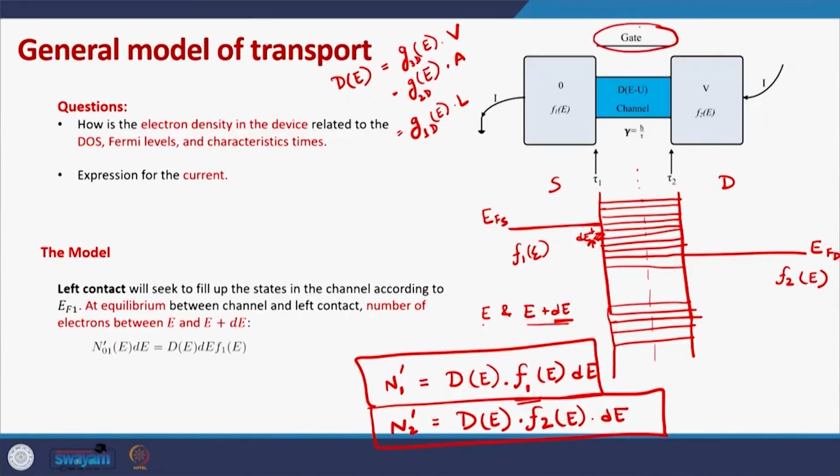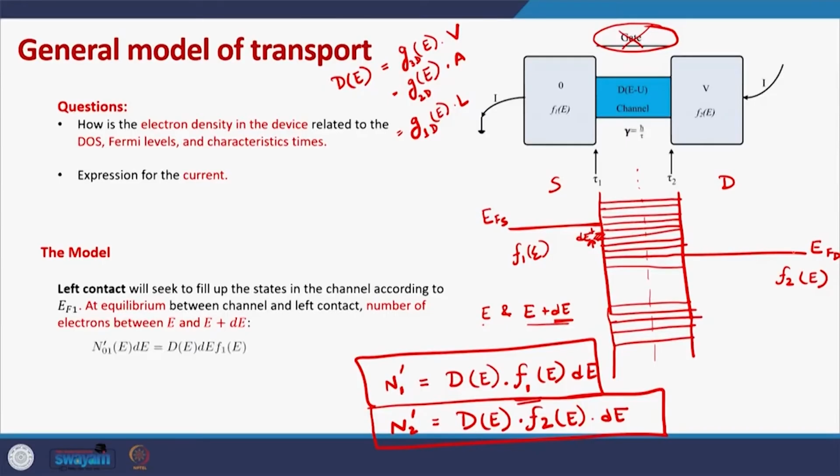But in our 2 terminal device, please ignore this gate terminal here. For the moment, let us assume that the third terminal is not there and we only have a 2 terminal device. In the 2 terminal device, both contacts are connected simultaneously.